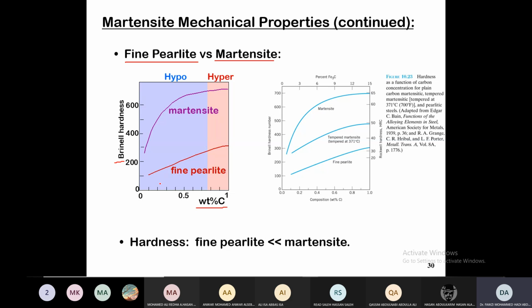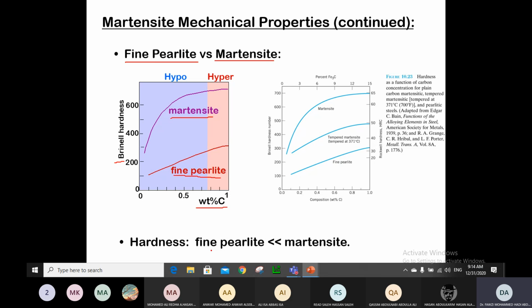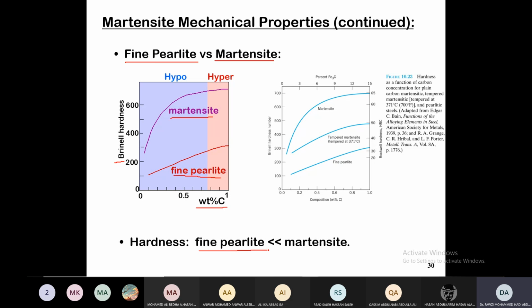The coarse has even softer hardness. This is the harder or stronger pearlite. You can see there is a big difference in hardness between the martensite and the fine pearlite. So we know fine pearlite has much less hardness than martensite.